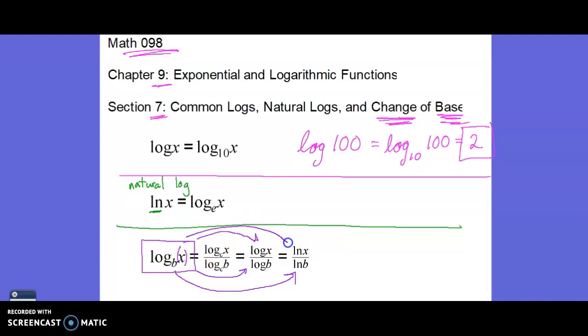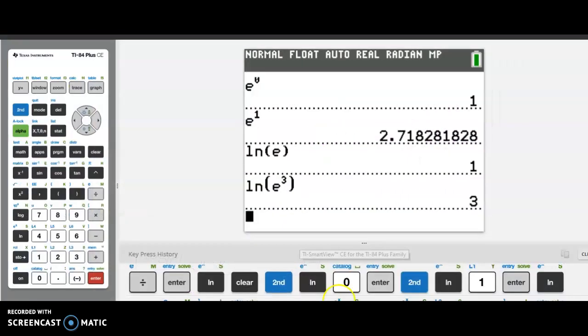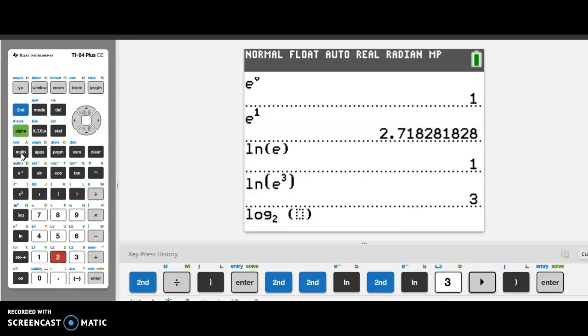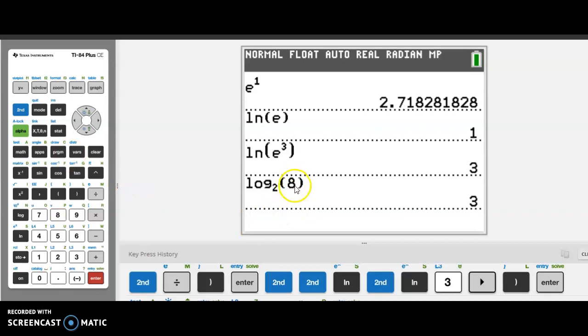But the one that's used in calculus more often is the natural log of x divided by natural log of b. And I'm well aware that your calculator will do log base b. So for instance, let's say I'm just making up a problem. Let's do log base 2 of 8. You should already know that 2 to the third power gives you 8.